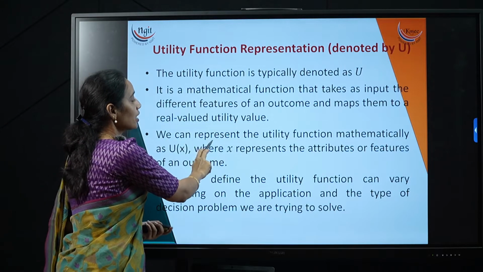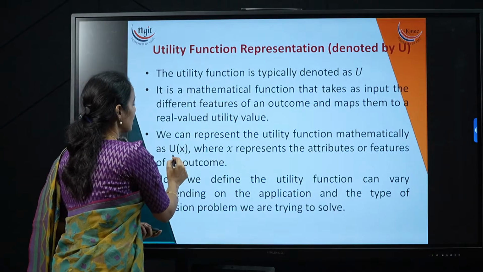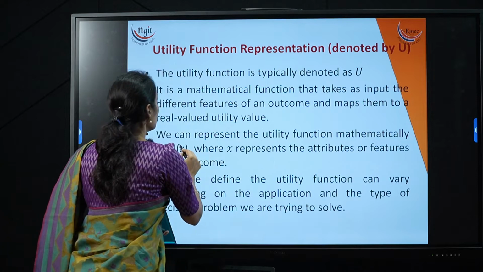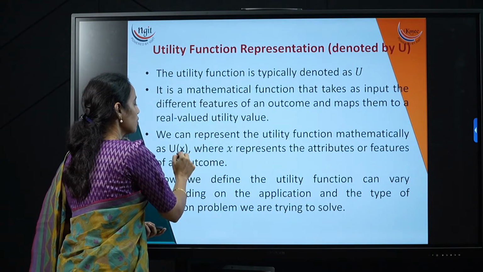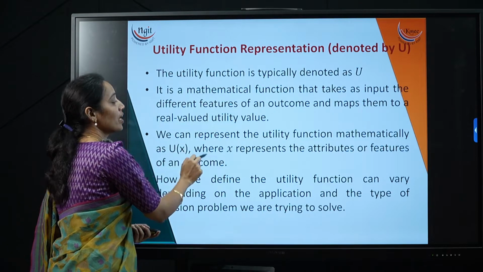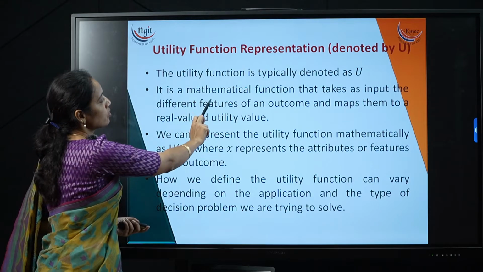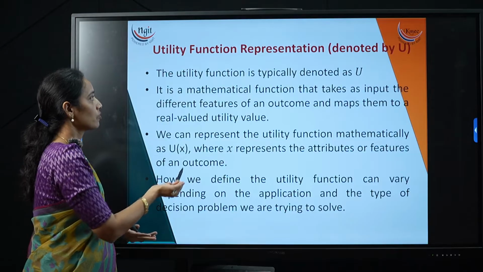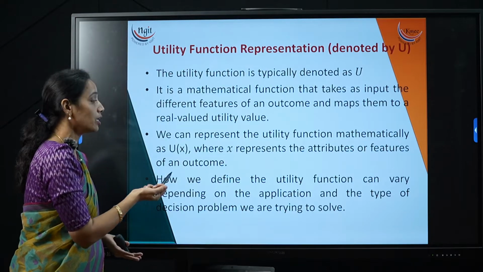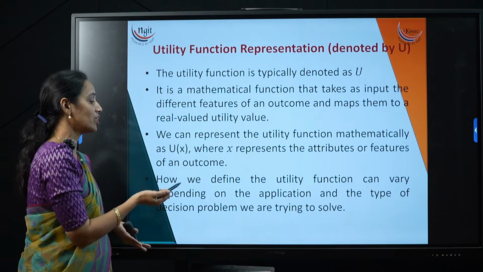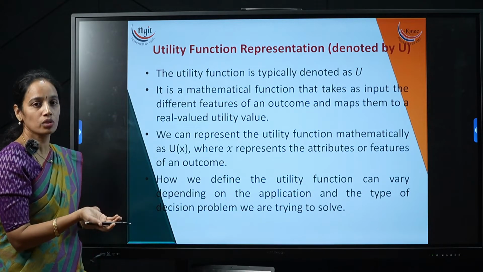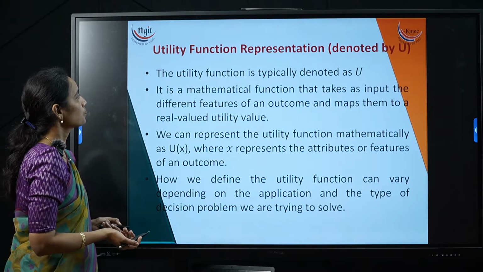We can represent this utility function mathematically as U of x, where x represents the attributes or features of an outcome. How we define this utility function can vary depending upon the application and the type of decision problem we are trying to solve. It varies from one application to another.